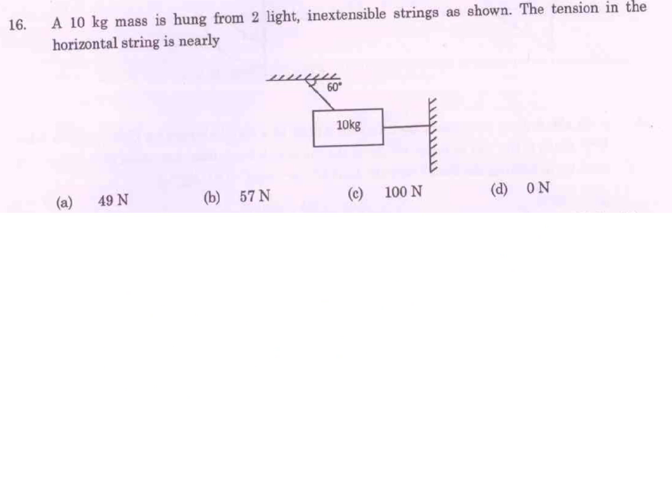A 10 kg mass is hung from two light inextensible strings as shown in the figure. The tension in the horizontal string is nearly how much? Draw the free body diagram.